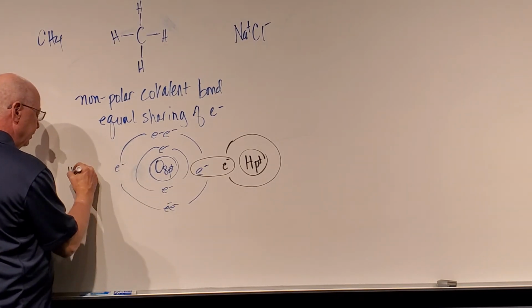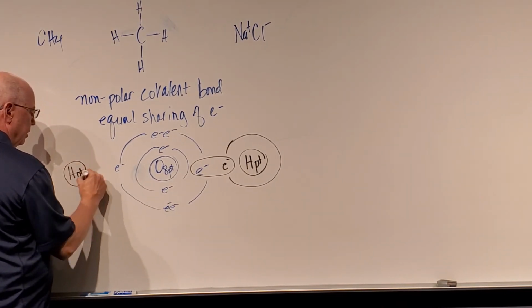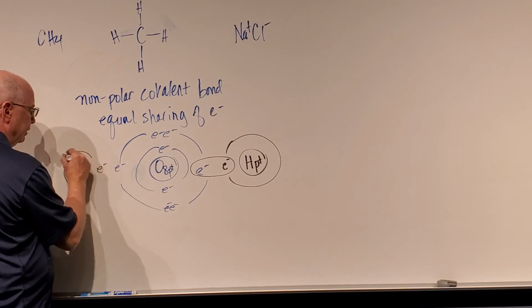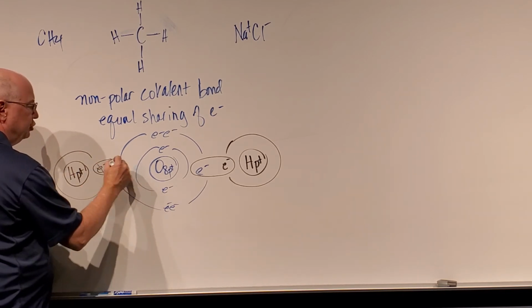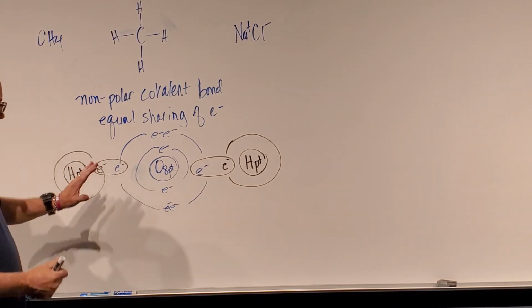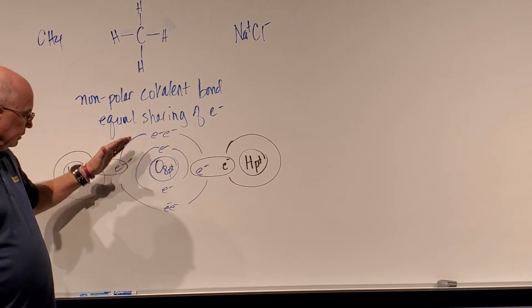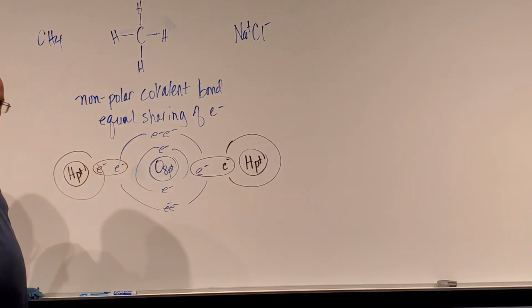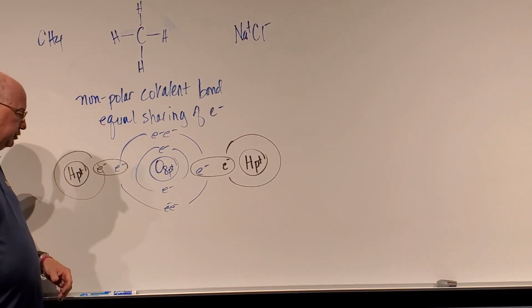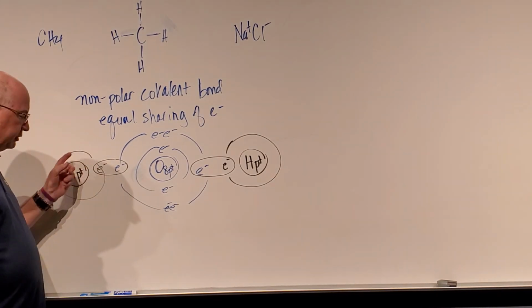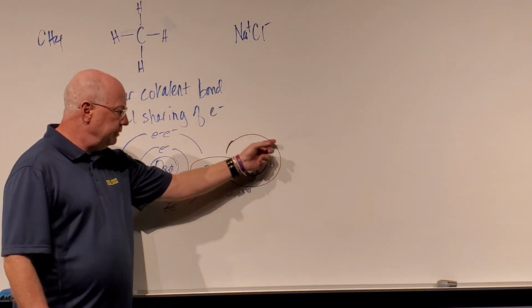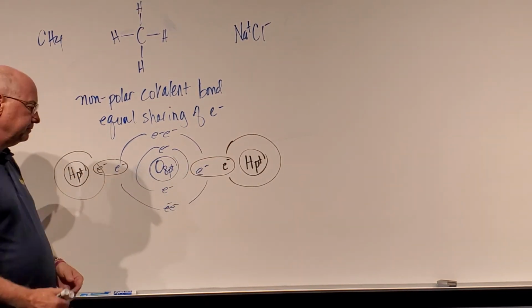And I can do that with another hydrogen atom over here with its electron, and I can form 2 covalent bonds here. And now I can have sometimes a total of 8 electrons out here, completely filling all the electron orbital slots, so to speak. And I have sometimes 2 electrons here, and here, making the valence orbitals filled.